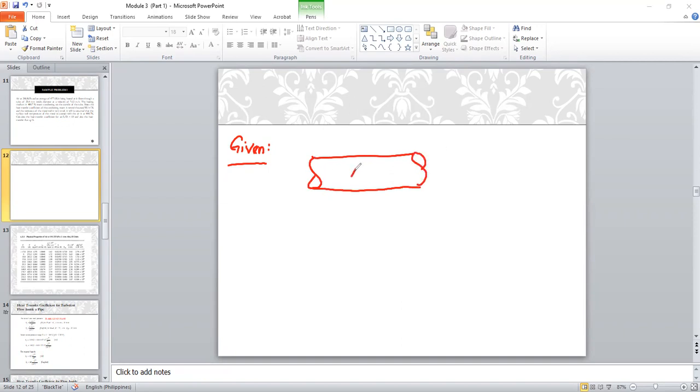We have air inside the pipe. Here outside is steam. And we assume that air is flowing continuously in this particular pipe.